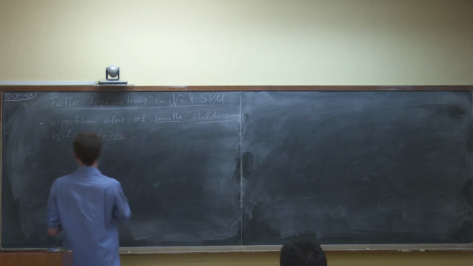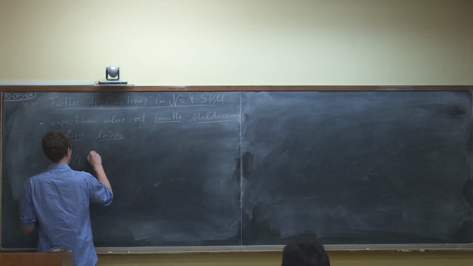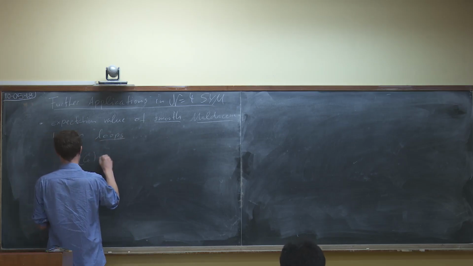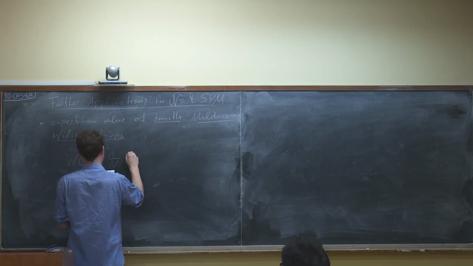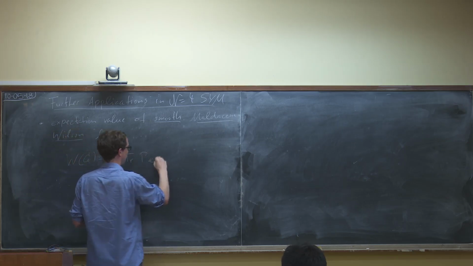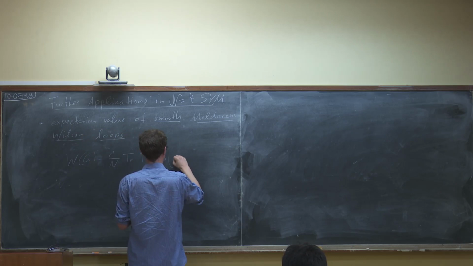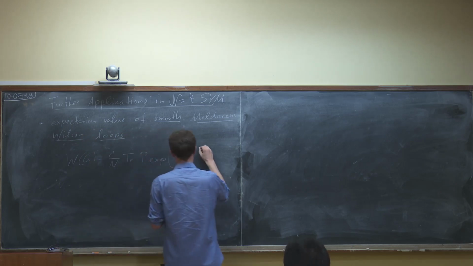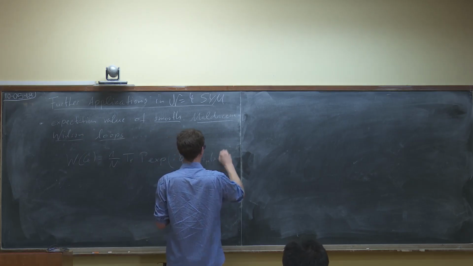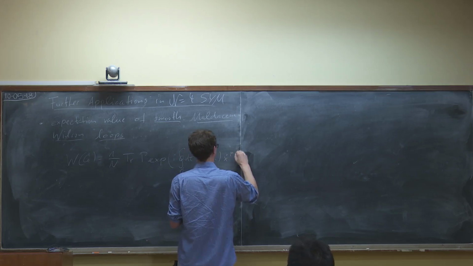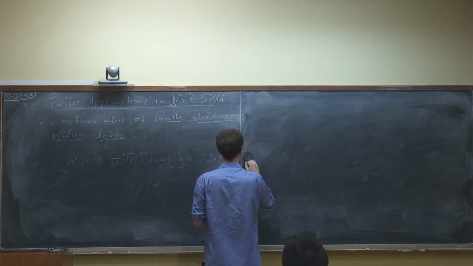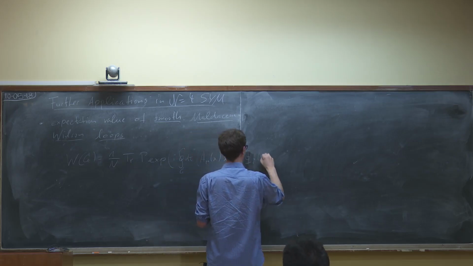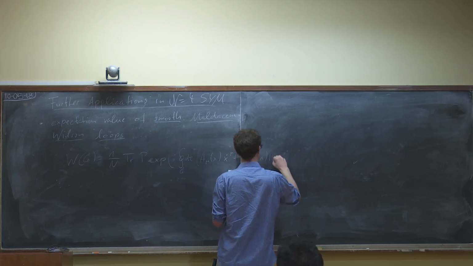So these Wilson loops look like this. They depend on some contour: d tau, gauge field times x dot, and then you have this particular coupling to the scalar field.